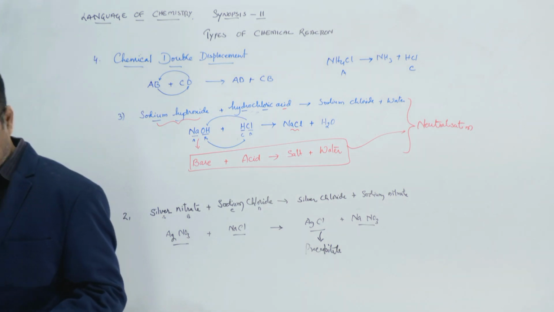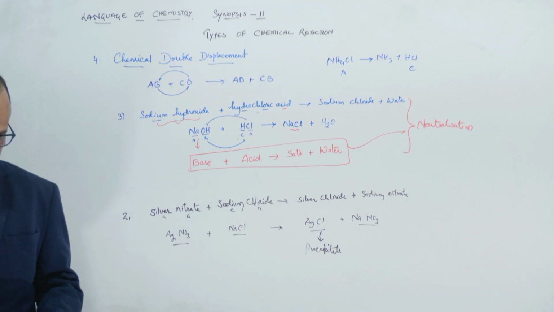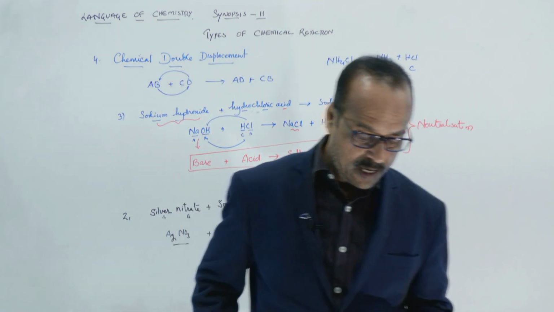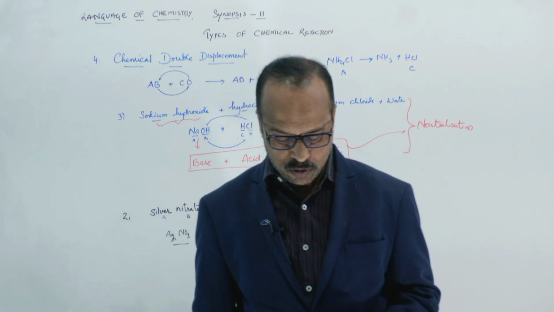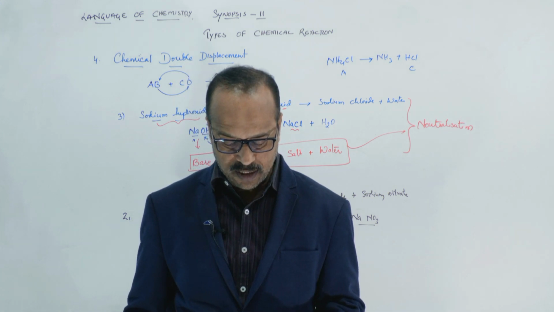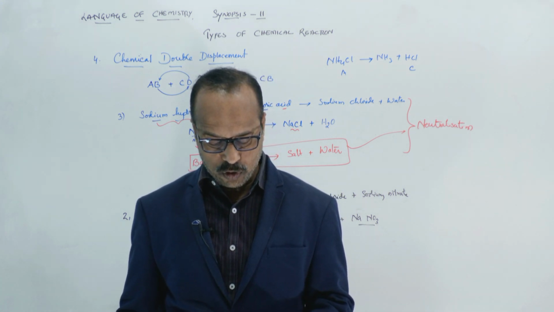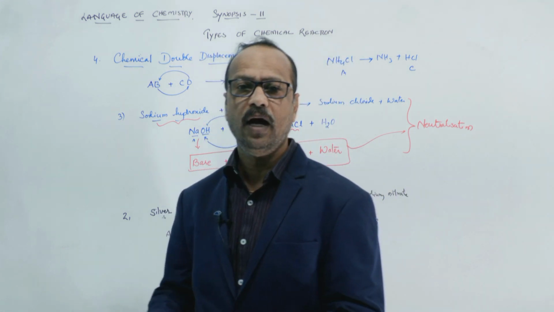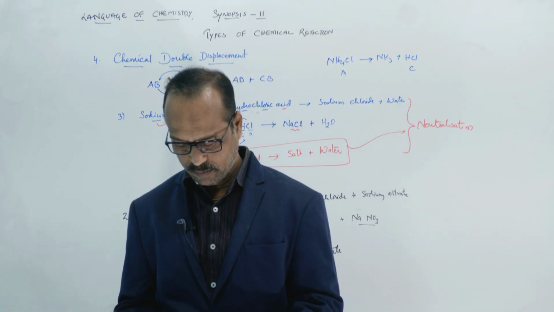Now similarly, the ninth one, X gives PbO, lead oxide, Na2 and NO3. The answer is lead nitrate, and lead nitrate formula is Pb(NO3)2. So the answer is 2 here.